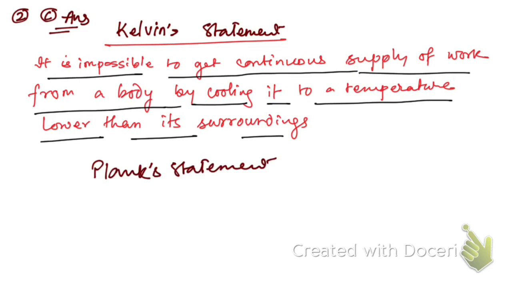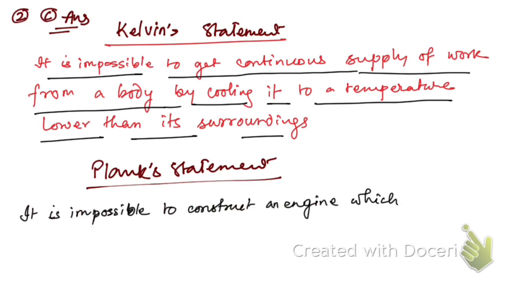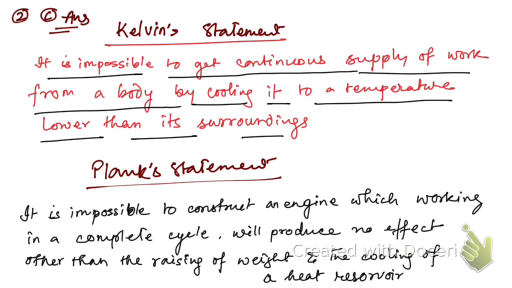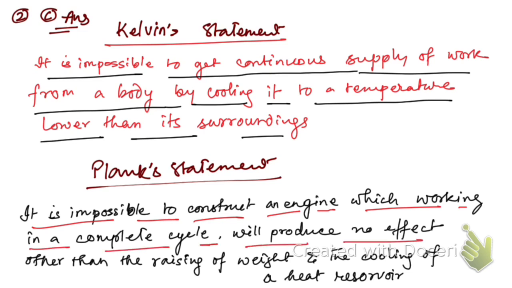Planck's statement says that it is impossible to construct an engine working in a complete cycle that will produce no effect other than the raising of a weight and cooling of a heat reservoir. These are the two statements. Now pause the video and note it or take a screenshot.